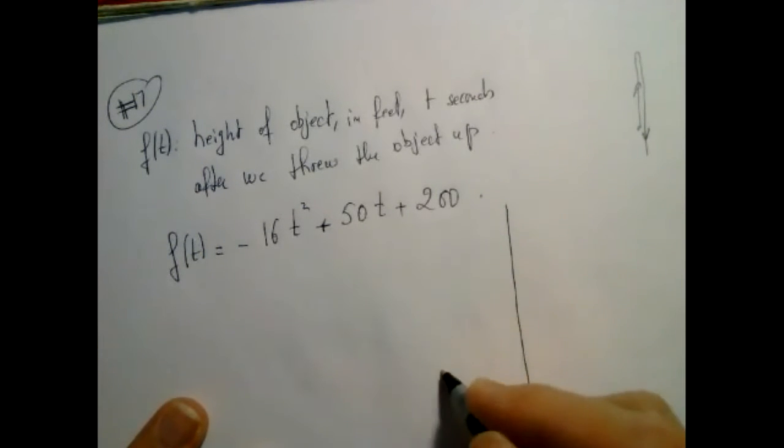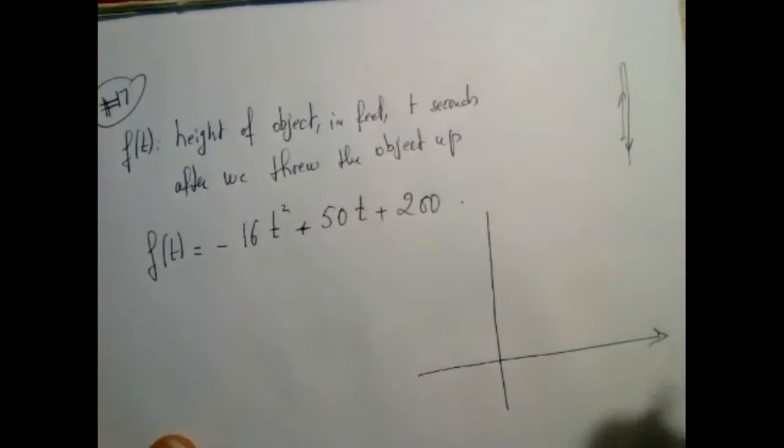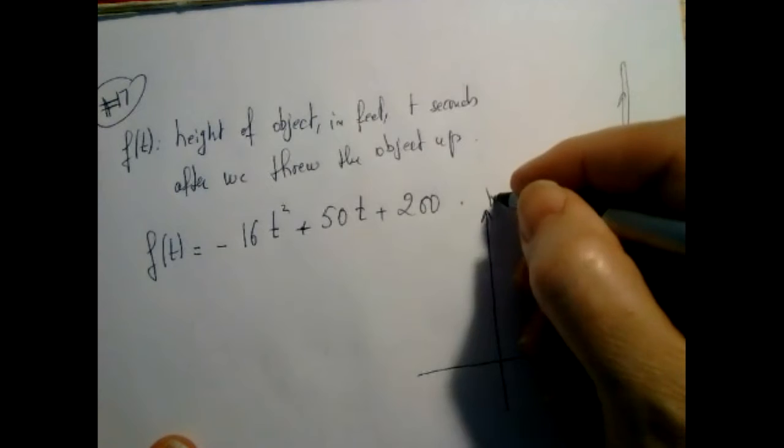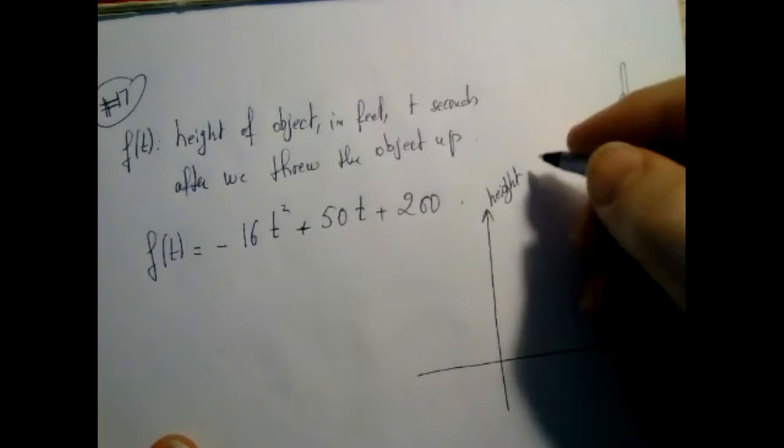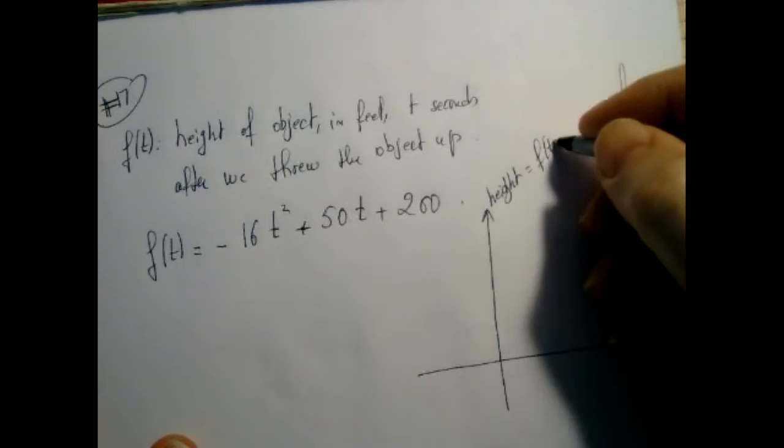So graphically here, what's happening? My input is time. Input goes on the horizontal axis. And my output is the height, which goes on the vertical axis, which is the function f of t.